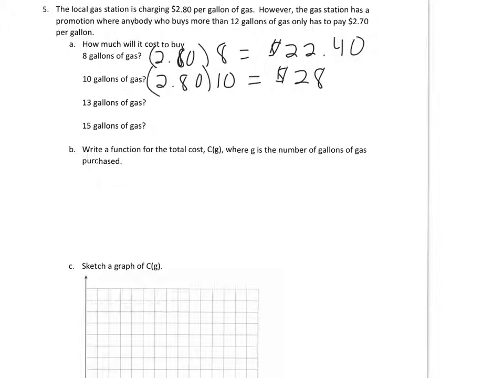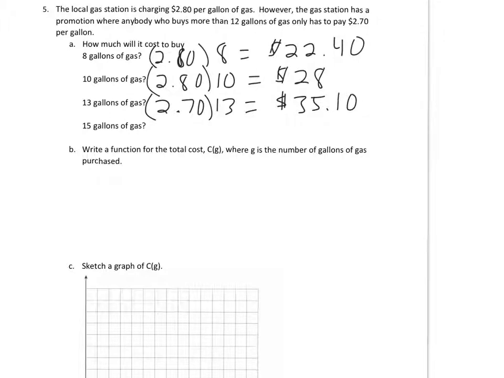Right on the nose. Now for 13 gallons of gas, since 13 is over 12, they're going to get a reduced rate. So it's only $2.70 per gallon times 13 gallons. And that comes out to be $35.10.